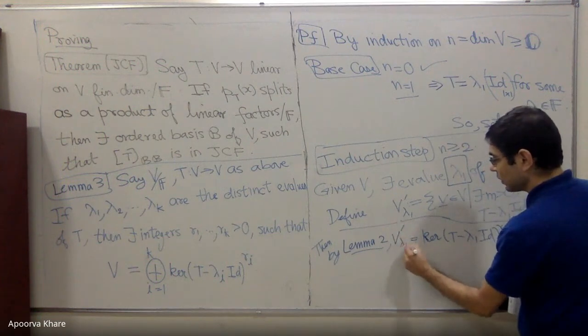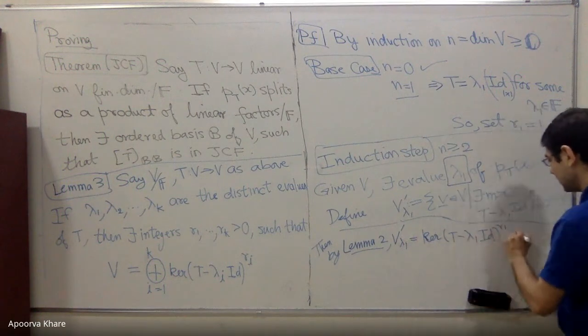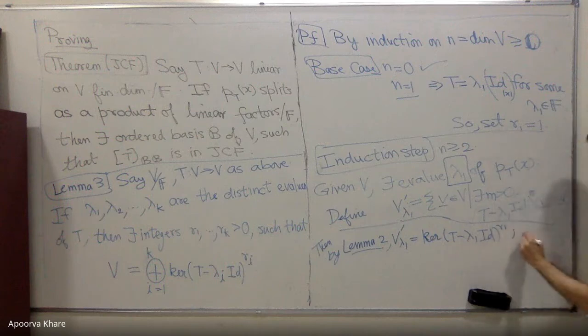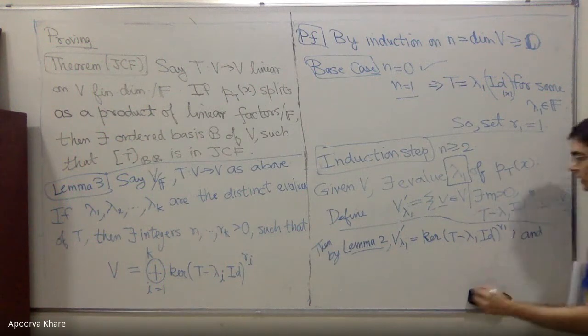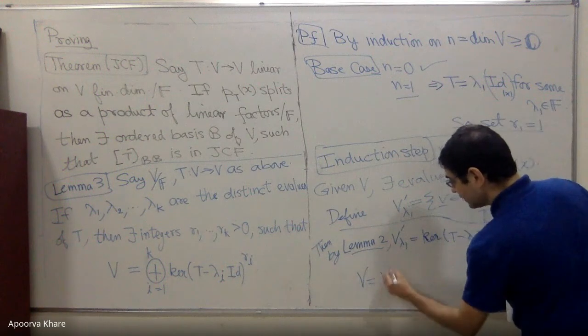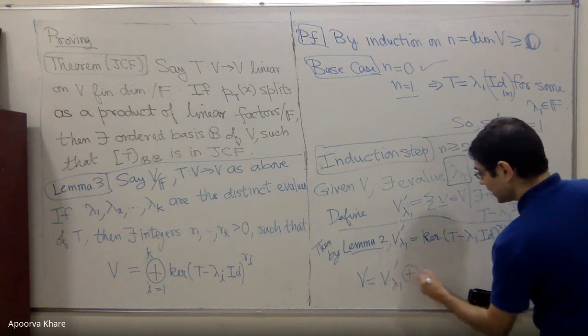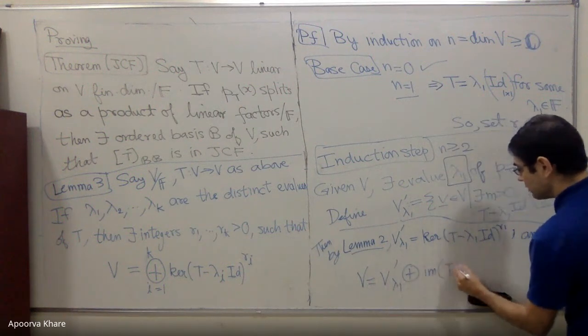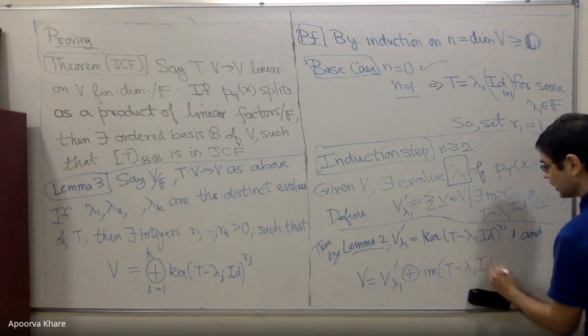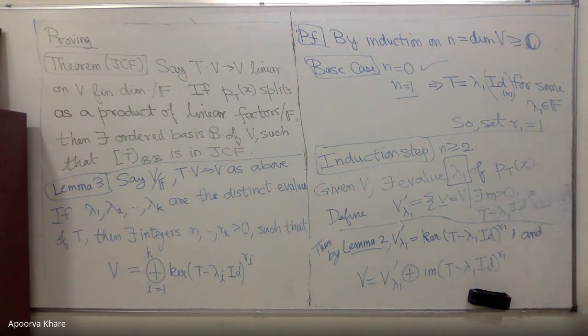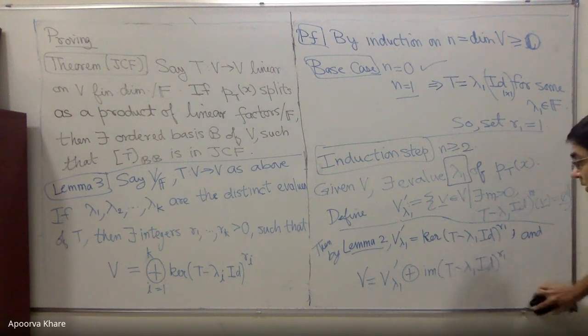V prime lambda 1 actually equals this kernel, and V equals V prime lambda 1 direct sum the image of (T minus lambda 1 identity) to the R1. So these are what lemma 2 says. And moreover, this space is also T stable.